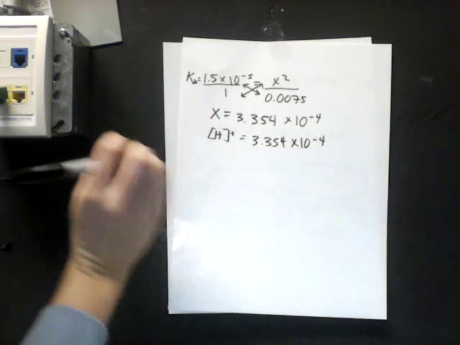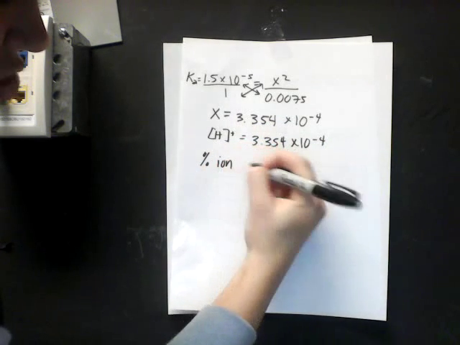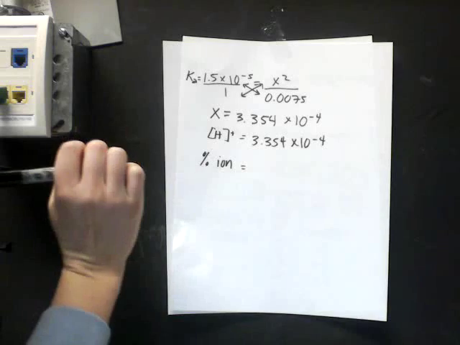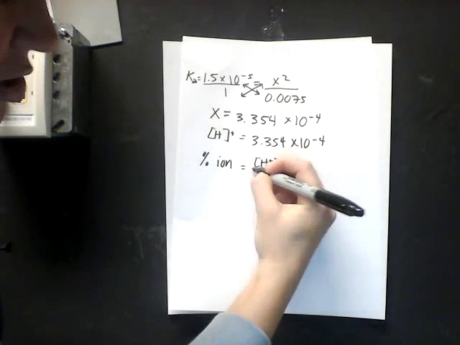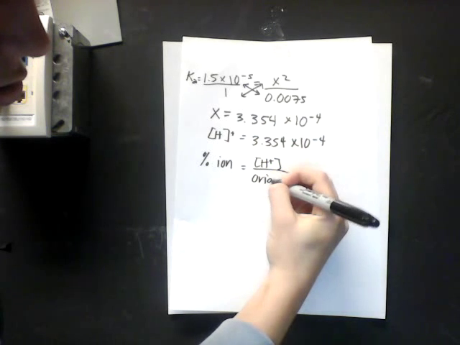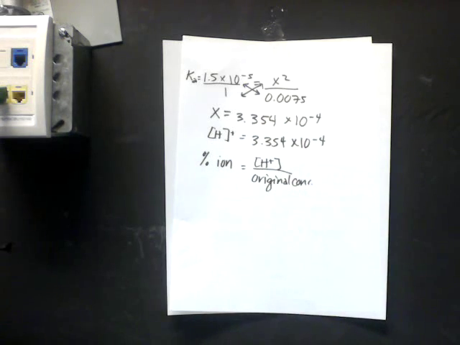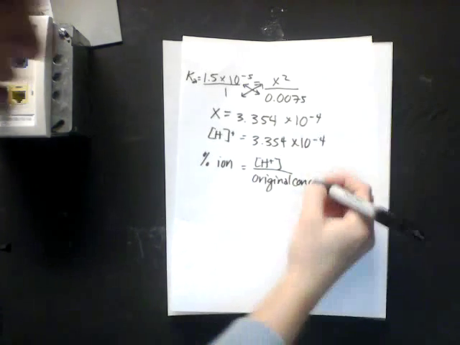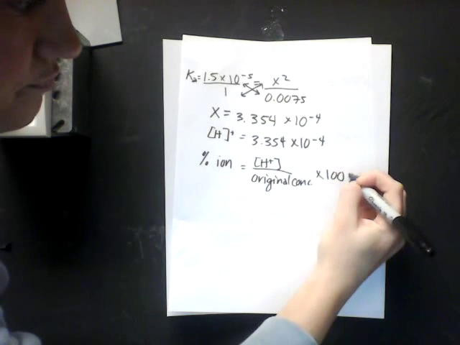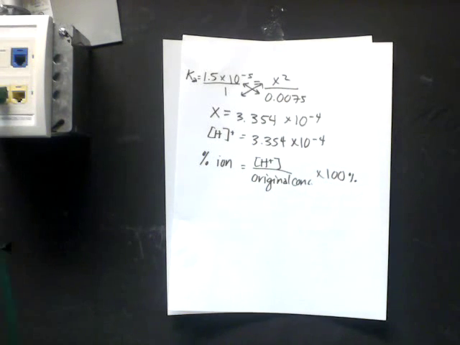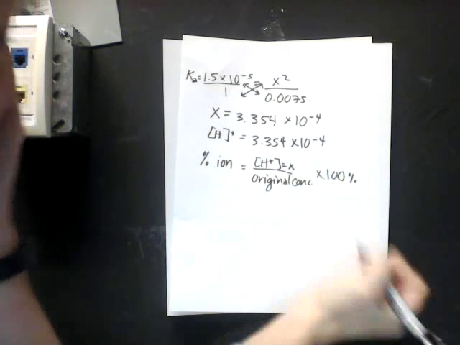But in this case, percent ionization, I shorthanded it, is going to be my H plus concentration over my original concentration, times 100. You have to multiply by 100. Okay?